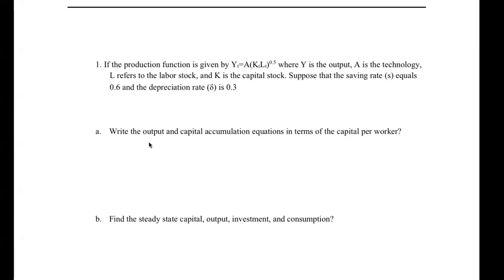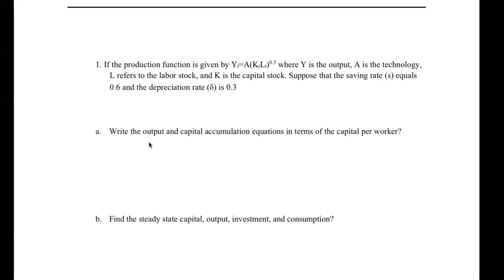If you look at this kind of question, always the first step is to convert the capital Y, capital K, capital L to capital per capita, or you can say per worker. So it's just to divide by LT for both hand sides. Okay, let's do it together. So now you have YT equals A KT LT to the power of 0.5.